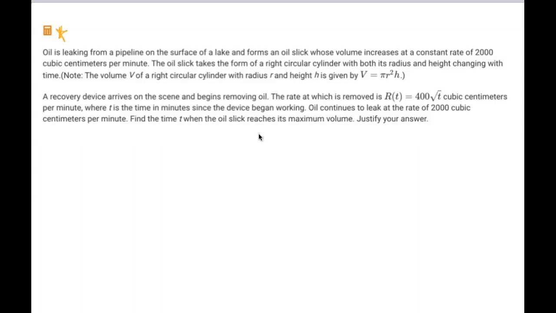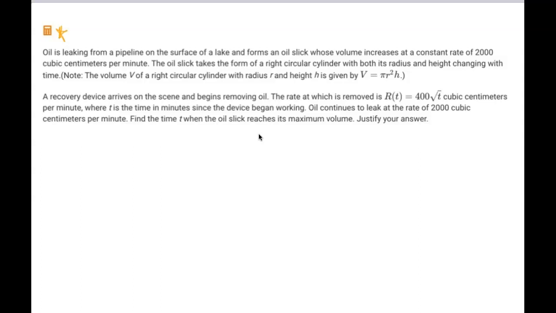Justify your answer. Okay. So we want to figure out when the oil slick reaches its maximum volume. So the first thing we need to think about is overall, you have this big oil slick, and basically you have oil spilling out, and at the same time we have some machine that's removing oil, right? So what I want to think about is the overall change in the volume of that oil slick.